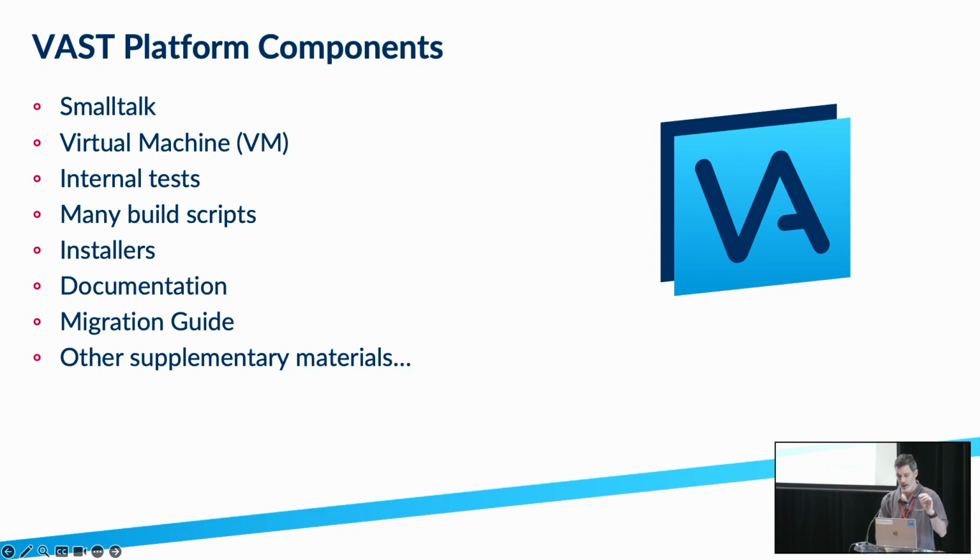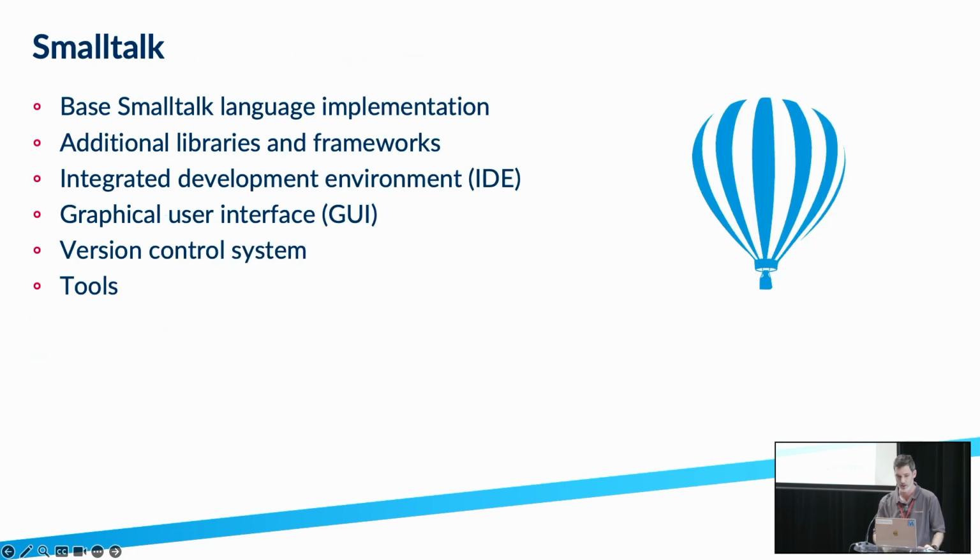And now to give you a quick introduction to the first three, let's say the Smalltalk language, the virtual machine, and the tests, I wanted to give you some quick numbers. But of course, as someone said before, Smalltalk is not just the language.